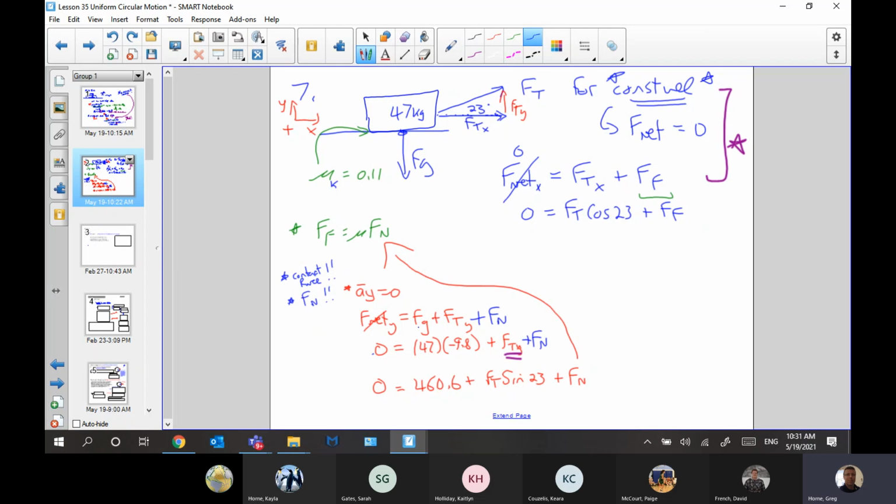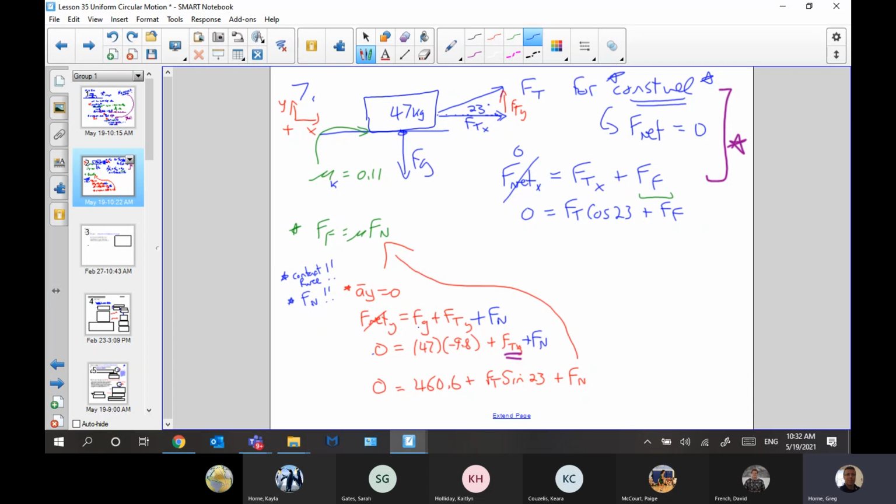So once we get a normal force and plug it in and then put that into here, let's see what kind of variables we end up with. Because right now it looks like we have a tension force, it's unknown, and a friction force, it's unknown, and a normal force, it's unknown, but the normal force is going to go in here, of course.